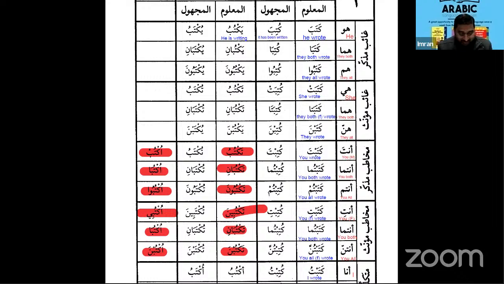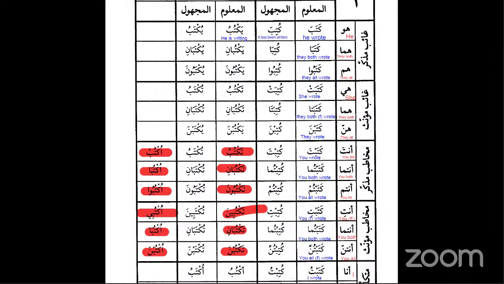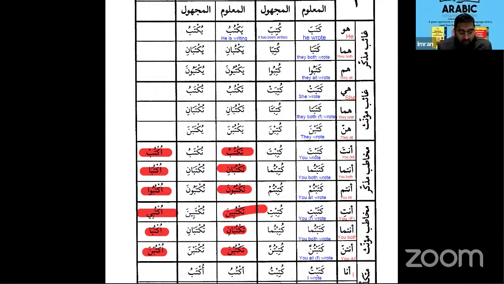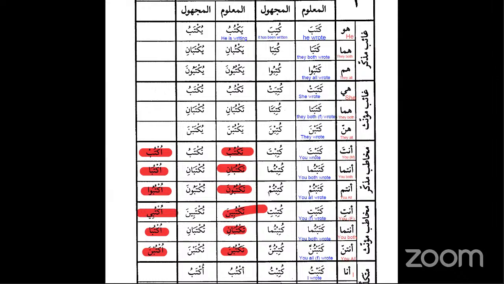When they're asking questions, they want to understand things better. So that's good. Kataba Muhammadun. If you translate this for me, Sister Sabira. Kataba Muhammadun. Muhammad wrote. What did he write? Risalatan. Muhammad wrote a letter.